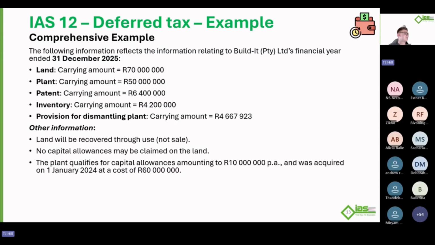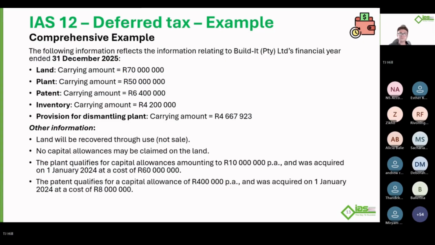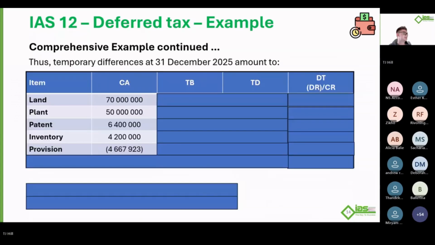Here they say to us the plant qualifies for capital allowances amounting to 10 million per annum and was acquired on 1 Jan 2024 at a cost of 60. Patent qualifies for capital allowance of 400 per annum and was acquired on 1 Jan 2024 at a cost of 8. And the opening balance for the DT liability is 1 million.